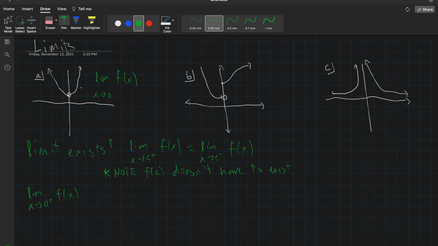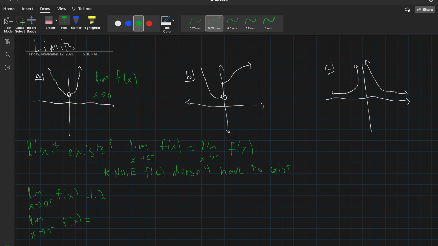So approaching from the right hand side, it looks like maybe we'll call that 1.2 is the value. And the limit as x approaches 0 from the left of f of x. Again, these are just rough estimates. Ideally, I'd have actual values to be able to deduce what these limits actually are.